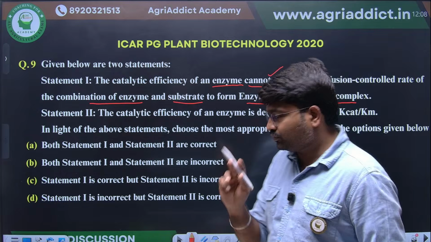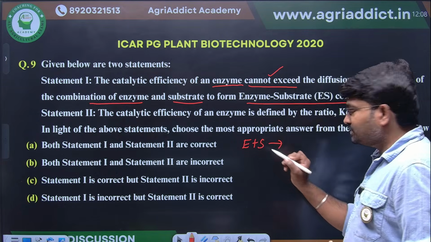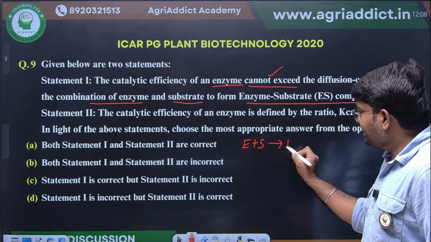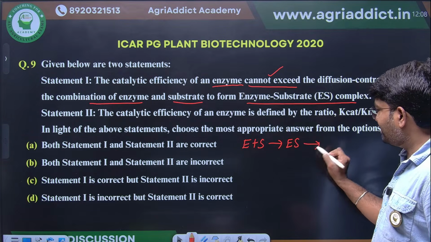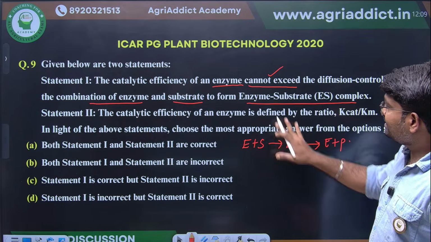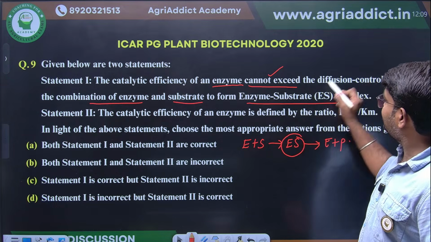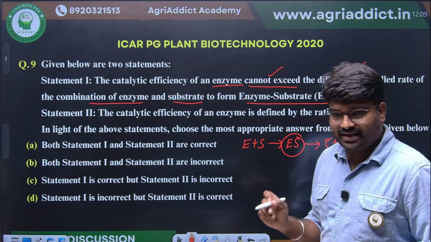You have to observe the question. They are saying if the enzyme is binding with the substrate, this will lead to formation of the enzyme substrate complex, which will break down to enzyme and product. They are saying this catalysis will not exceed the diffusion control rate. Yes, this is true only.